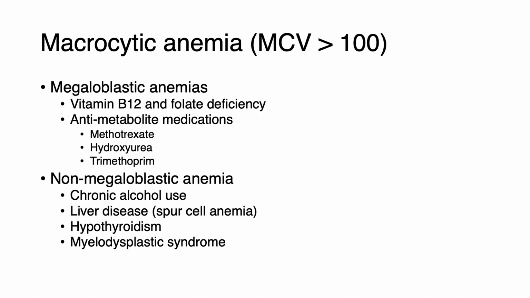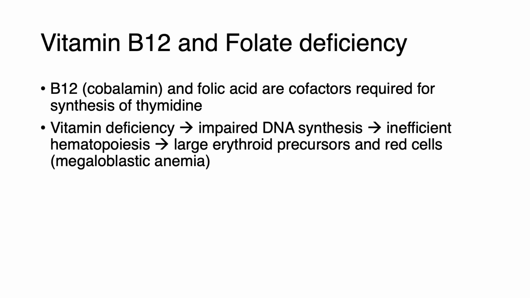All right, last we have our macrocytic anemias where the MCV is over 100. We have our megaloblastic anemias like vitamin B12 and folate deficiency, which can also be caused by different medications. And then our non-megaloblastic anemias like chronic alcohol use, liver disease, specifically spur cell anemia, hypothyroidism, and myelodysplastic syndrome.